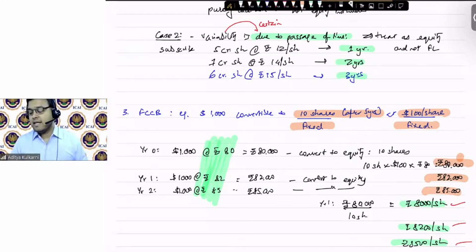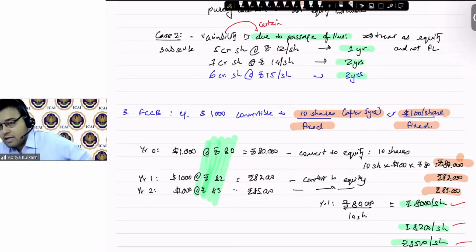Because of that uncertainty, it will be regarded as a financial liability. But if it is for something certain, and that something certain is nothing but mere passage of time, then it will be regarded as equity and not financial liability. Okay.